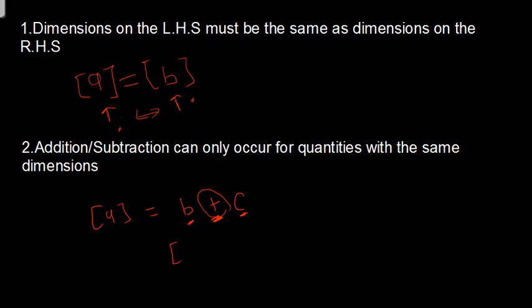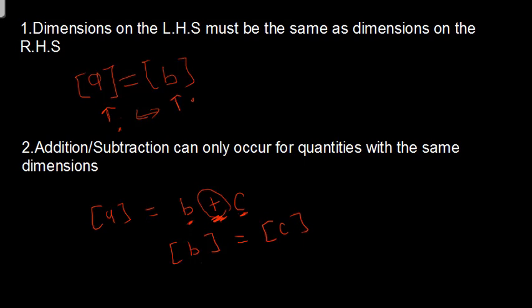This simply means that the dimensions of B in this case must be equal to, or the same as, the dimensions of C for this to occur. If this is not the case, if the dimensions of B are not equal to the dimensions of C, it simply means that equation is not homogeneous, or that equation is dimensionally incorrect, because rule number 2 does not hold.